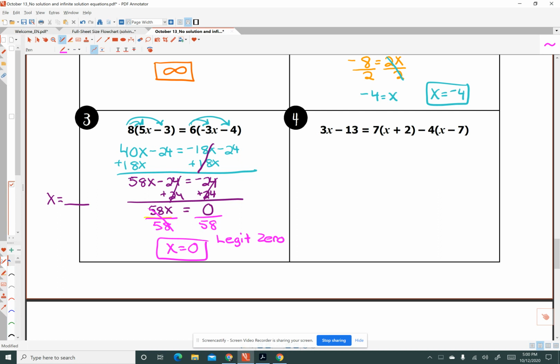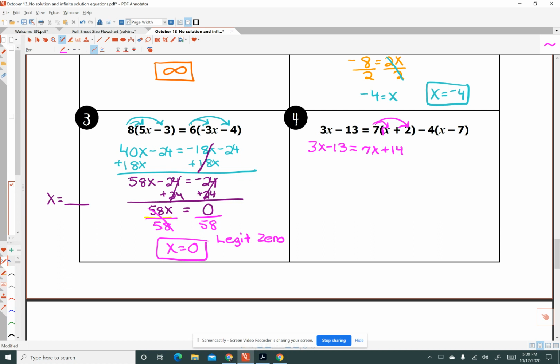So let's look at number 4. So let's see, I have 3x minus 13 on the left. And I've got 2 opportunities to distribute on the right. So 7 times x, remember we have an invisible 1 here. 7 times x is 7x. 7 times 2 is 14.